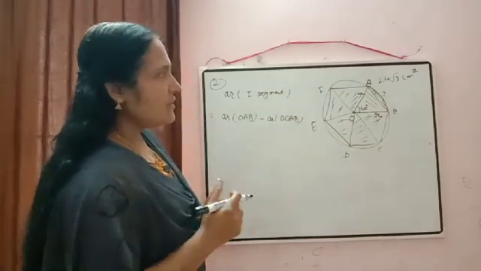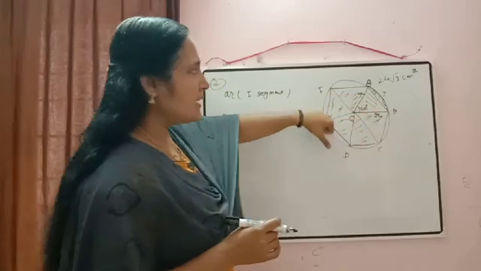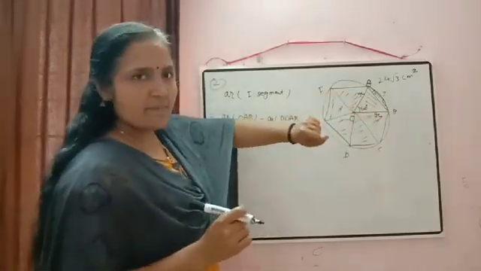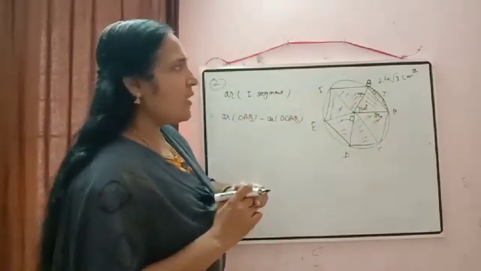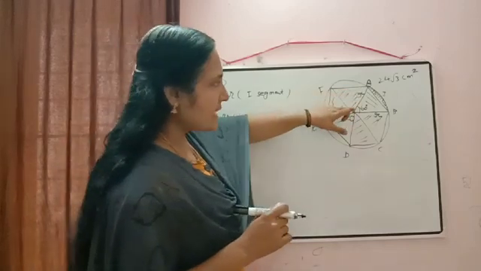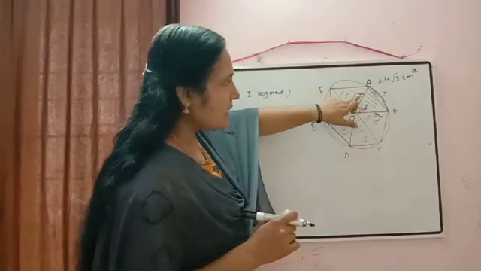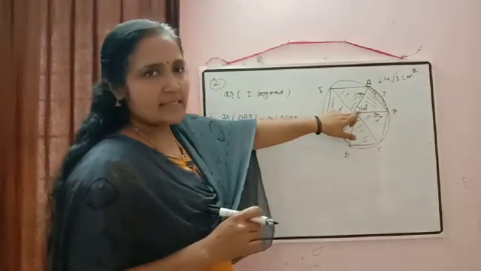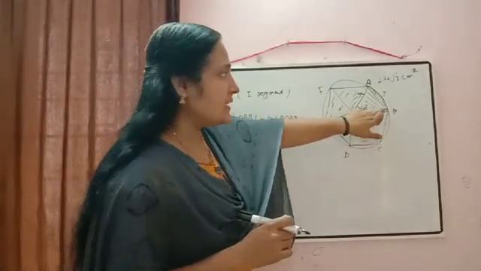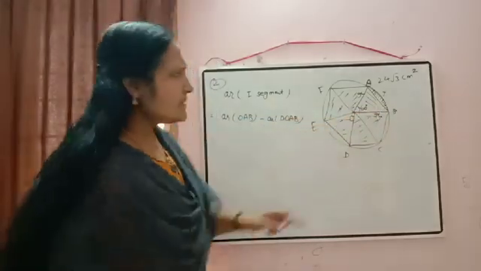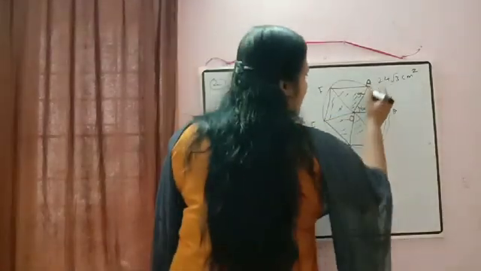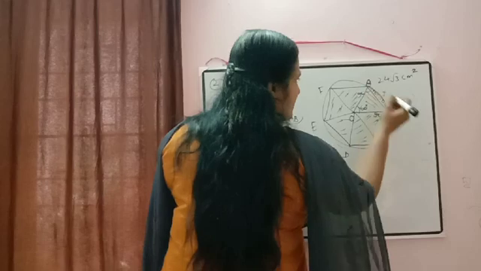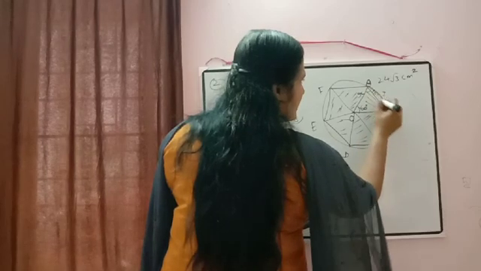Otherwise, if you don't want this one, the area of this hexagon is given. How will the area of the hexagon come there? If you check here, these two sides are equal, and this angle is already given as 60 degrees. If you use the angle sum property, OA is equal to OB, then these two angles will be equal.